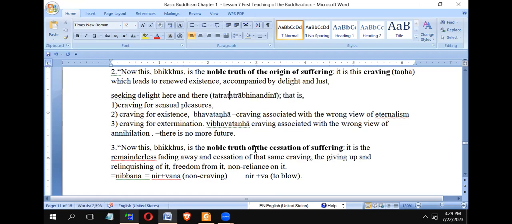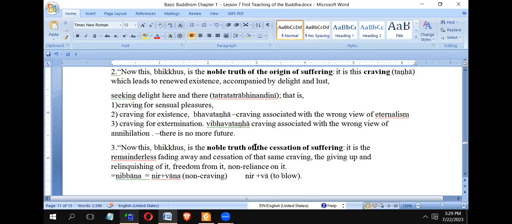If you translate it as there and there, what's the meaning of there and there in English? It sounds funny. Now if you translate here and there, what's the meaning? It's like everywhere.